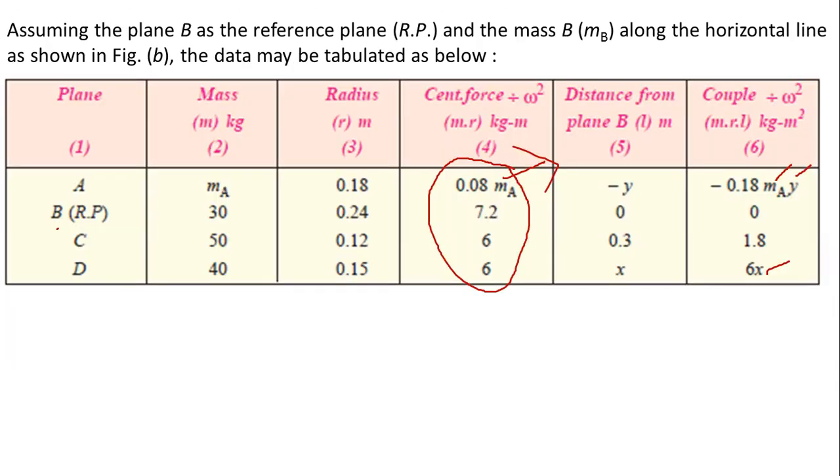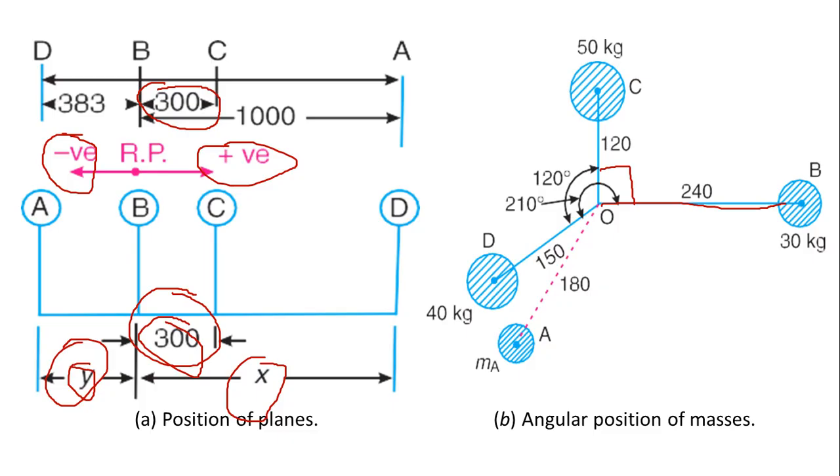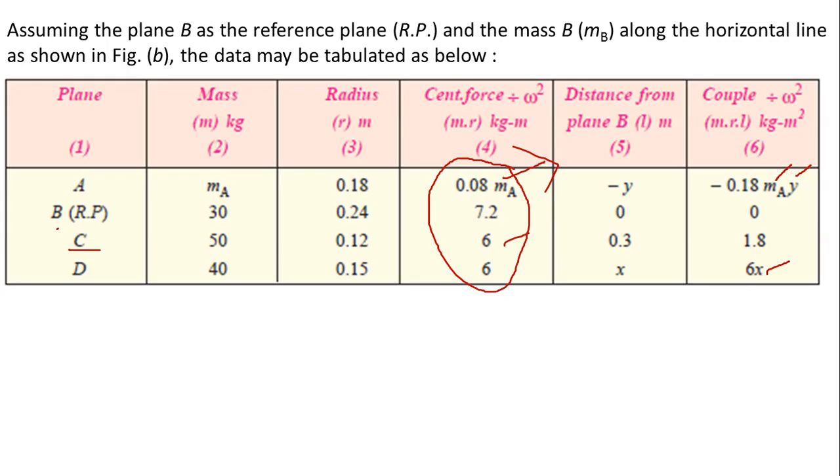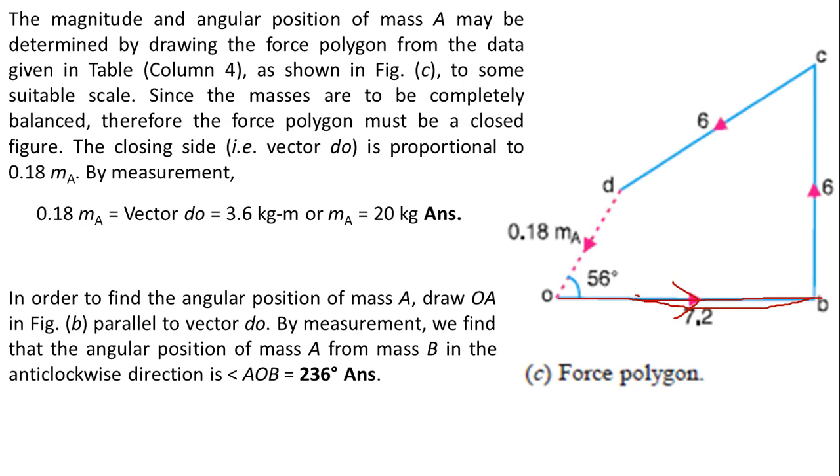Next one is 6, that is for plane C. C is at 90 degree, the mass given at C, with a value of 6 units. So vertical, 90 degree, a unit of 6.